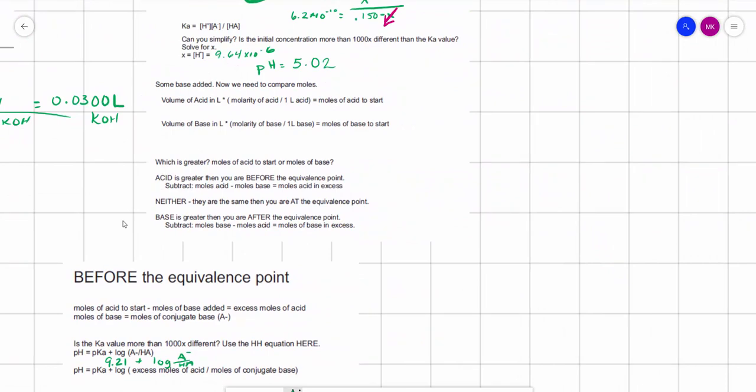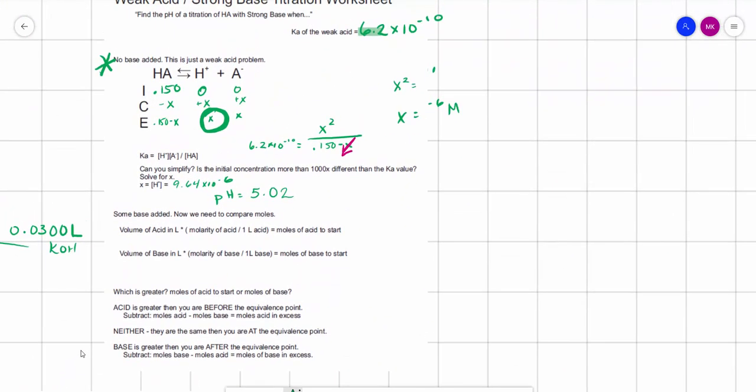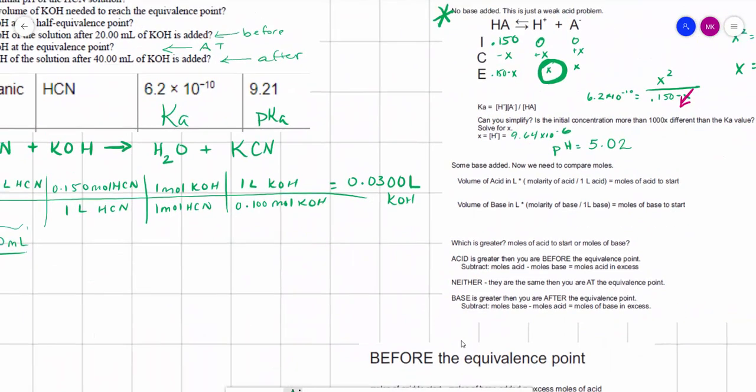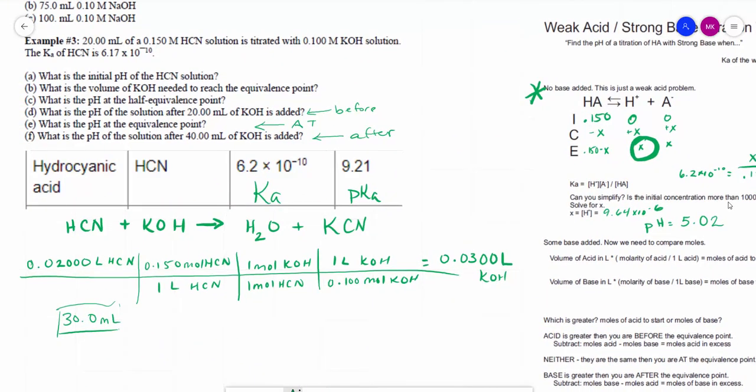I'm going to need the volume, so 20.00 milliliters of a 0.150 capital M molar acid. And then I would use half of the base, so 15.0 milliliters, and my base is 0.100 capital M molar base.